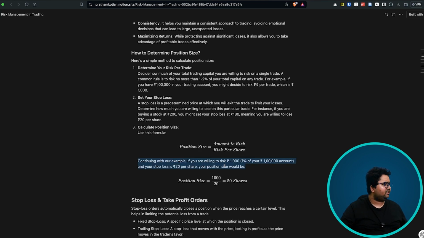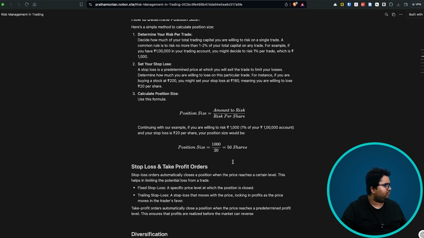So if you're willing to risk, let's say, 1,000 rupees, which is 1% of your 1 lakh capital, and your stop loss is 20 per share, and the stop loss is essentially the price at which you want to sell that share, which can be determined using a variety of techniques we'll talk about in future, the calculation becomes very simple. You have 1,000 rupees to lose, and you divide it by the stop loss, and then you get the number of shares. So that's the conceptual part of it.